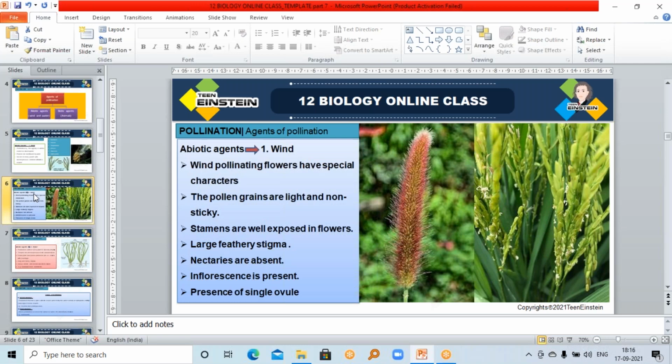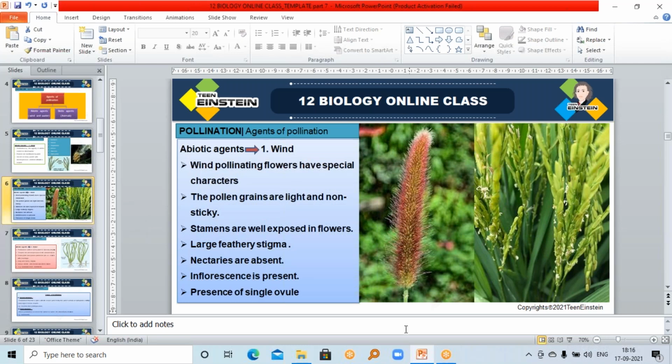So the well exposed stamen will help wind pollination. From the anther, pollen grains get released nicely into air so that the wind can carry the pollen grains, right?